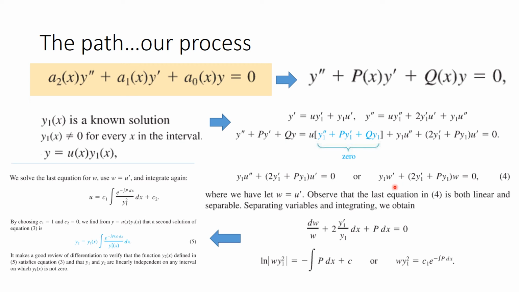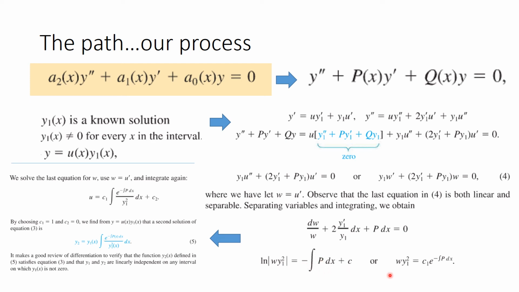Now you know how to solve this, and I encourage you to work through the details of the solution. But what we're going to find out when we solve that, separating the variables and integrating, is that the ln of the absolute value of w y1 squared is equal to minus the integral of p dx plus c.